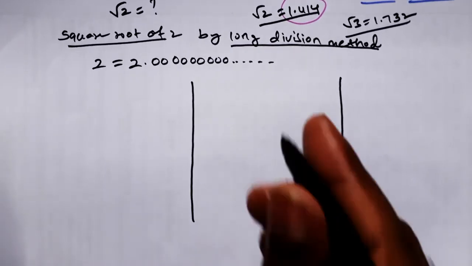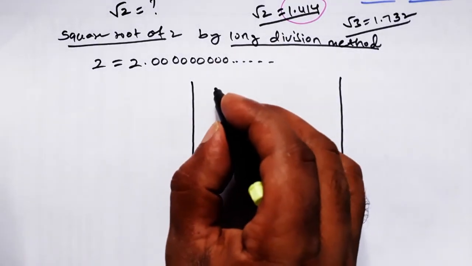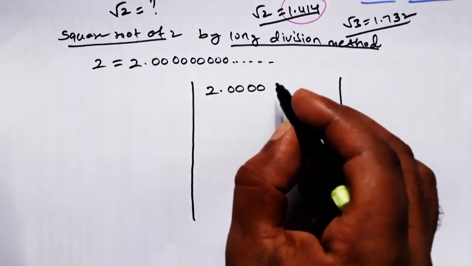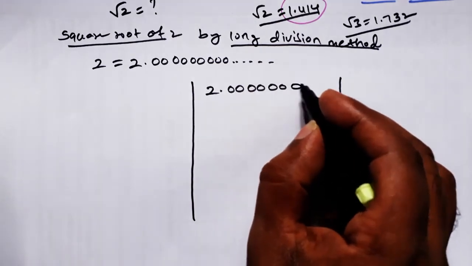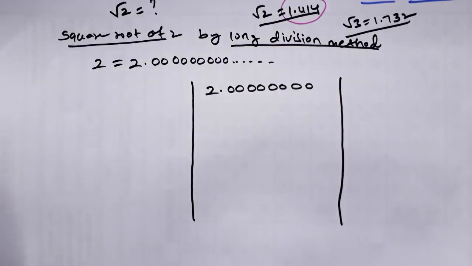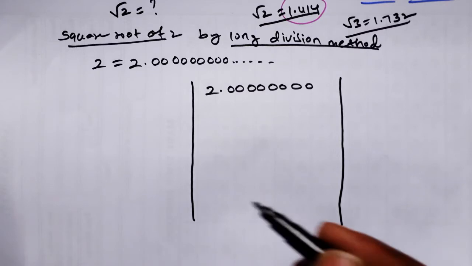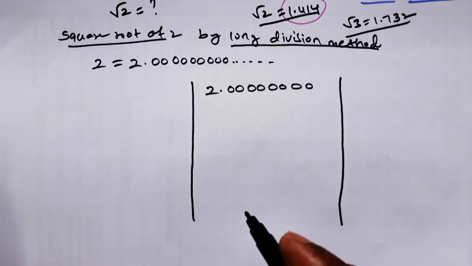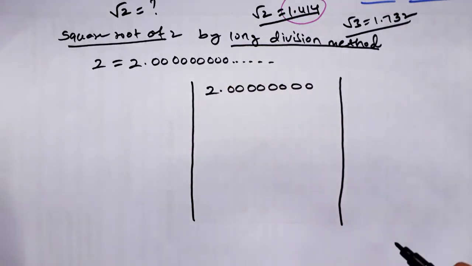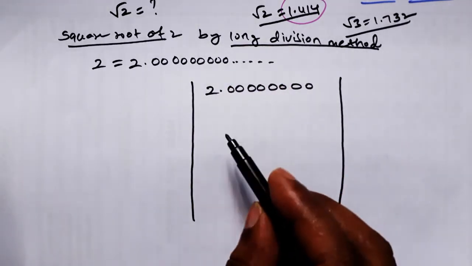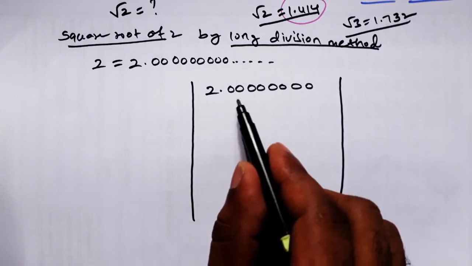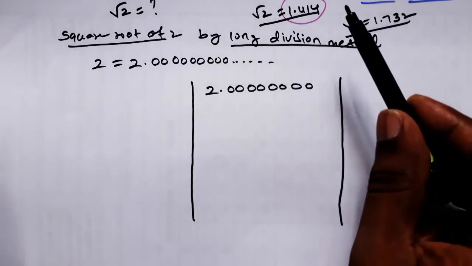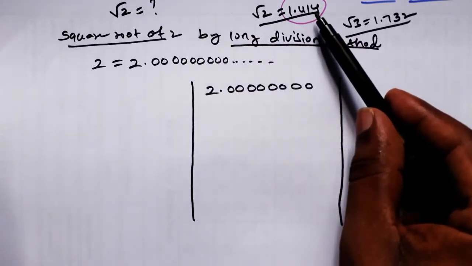In between these two vertical lines you write 2.000000 and so on. But here how many decimal places do we need? We need 3 decimal places.